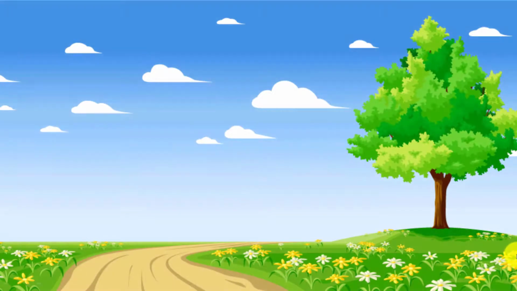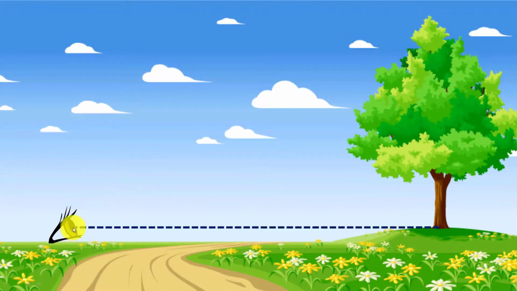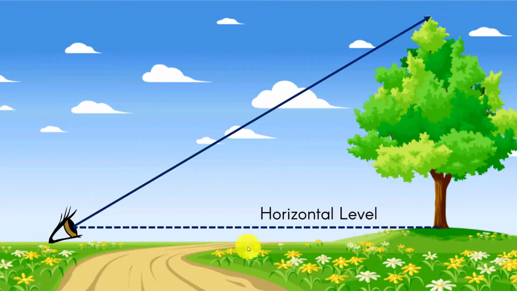Here you can see a very beautiful scenery, and let's say this is the observer's eye, and hence this is what we call the horizontal level. And let's say the eye is looking at the top of the tree, so this becomes the line of sight.